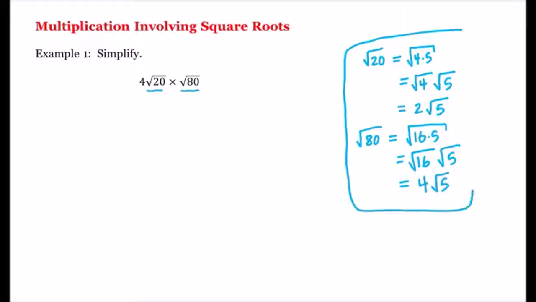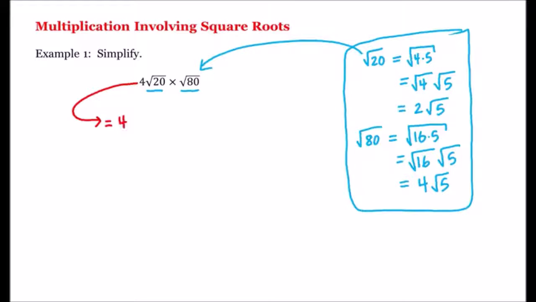So let's put these simplifications back into here, which gives us that this is equal to 4 times 2 square root of 5, because we just found that the square root of 20 was 2 square root of 5, and then times the square root of 80.